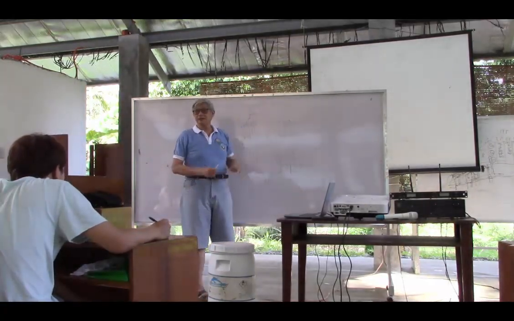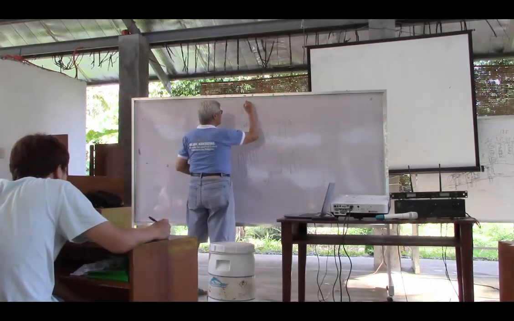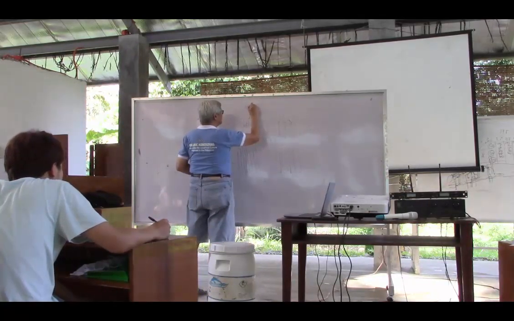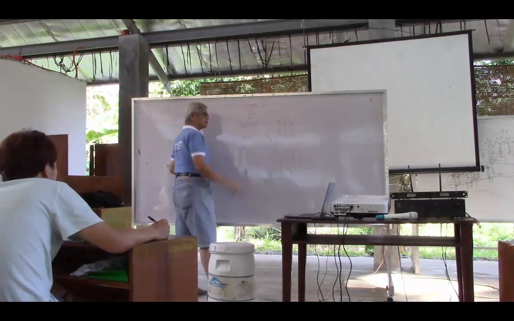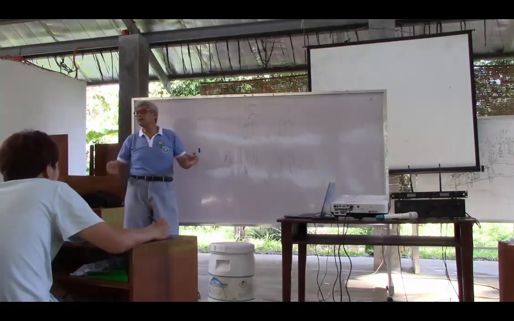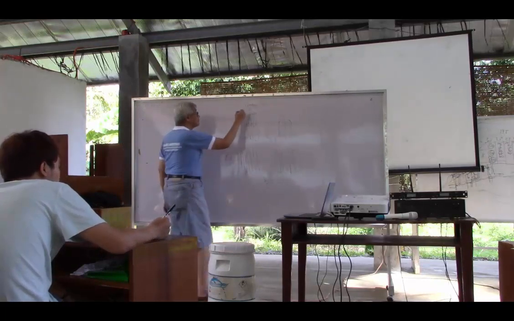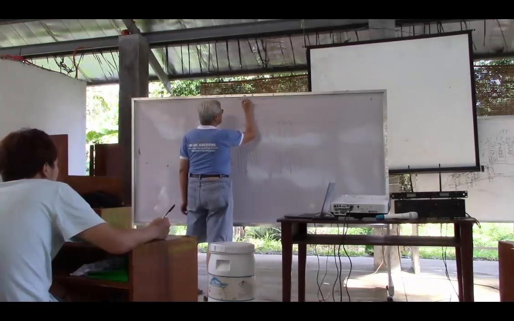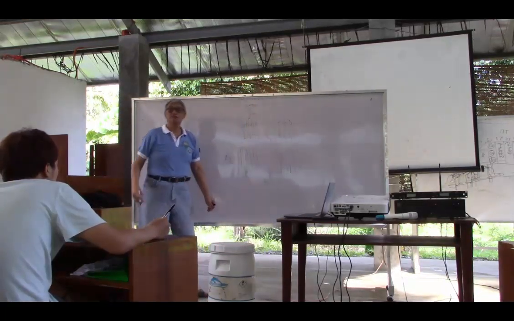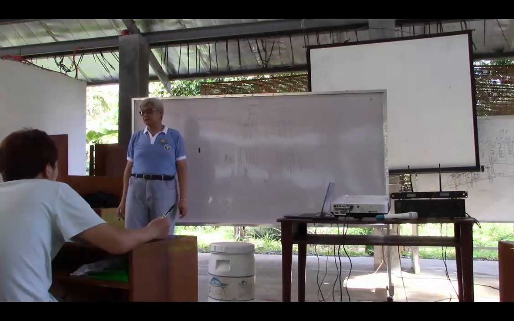Then, 5 meters away from this, so it means the forest is around 5 meters. Or even 3 meters, it's up to you. Okay. Then 5 meters away, this part, you can plant fruit trees.